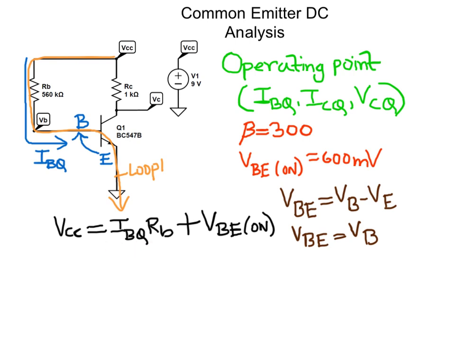We can express IBQ as IBQ equals VCC minus VB divided by RB. Now all we need to do is substitute the values of VCC, which is 9 volts, VB, which is 600 millivolts, and RB, which is 560 kilo ohms, and we can determine the value of the quiescent base current IBQ.